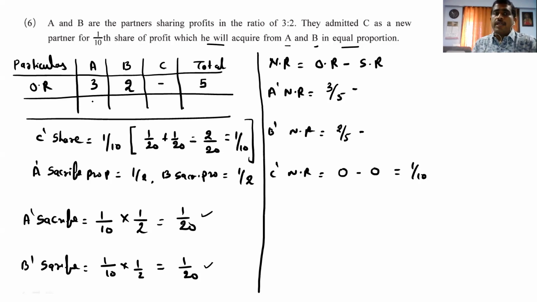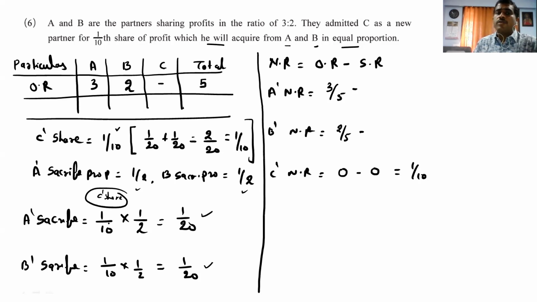So, A is 3, B 2 and total 5. C's share comes to 1 by 10.